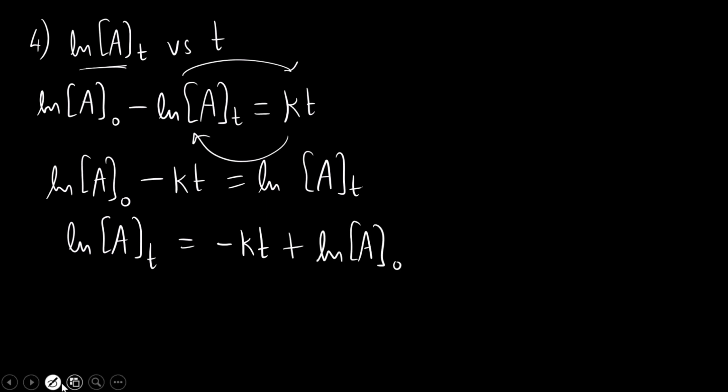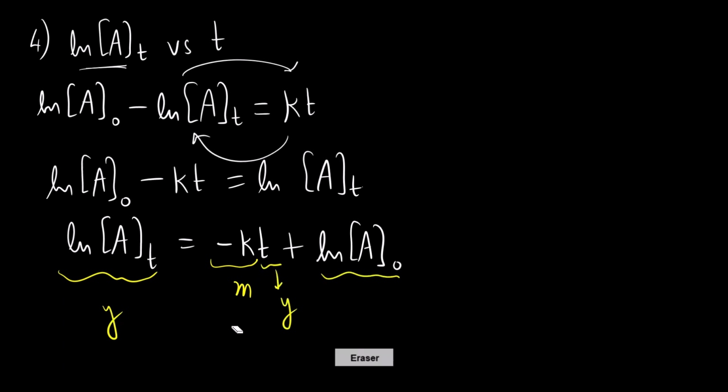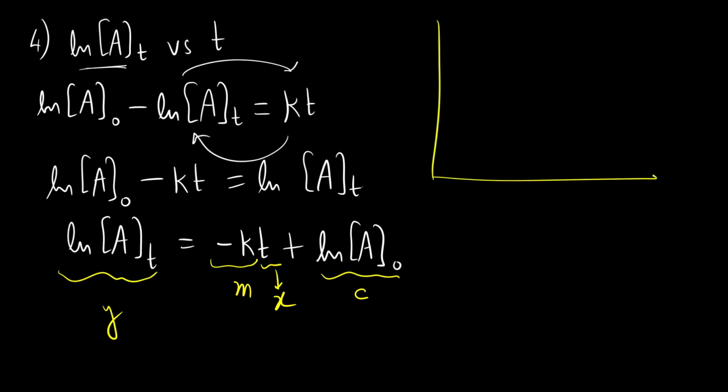Now this is again of the slope intercept form. ln of at is y, minus k is the slope m, and this we will plot on the x-axis. y is equal to mx plus c, where c is the y-intercept. So how will the graph look? On the y-axis we have ln of at, on the x-axis we have time t.